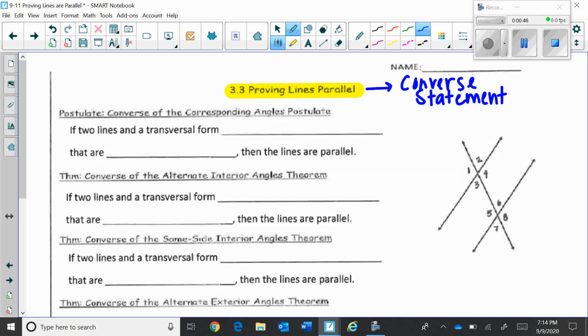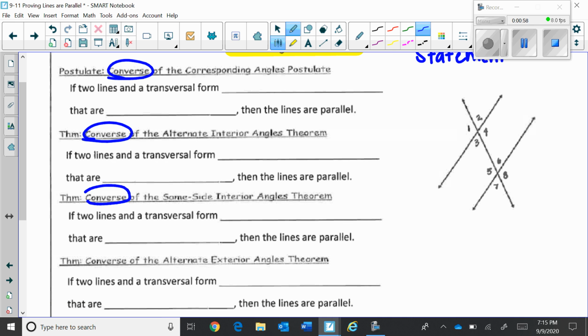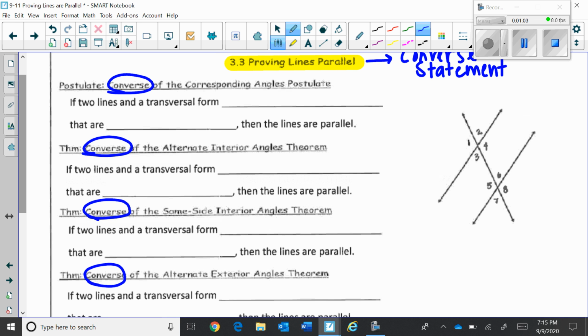Using the converse statement to prove lines are parallel, you can see every single one of the theorems we're looking at today starts with the words "converse of." So that's going to be a common theme for today, using that converse statement.